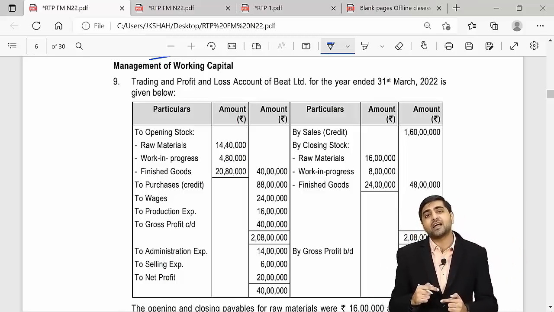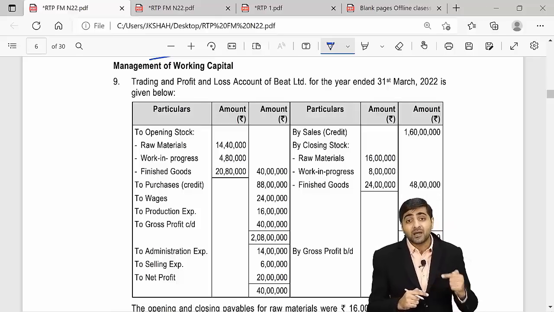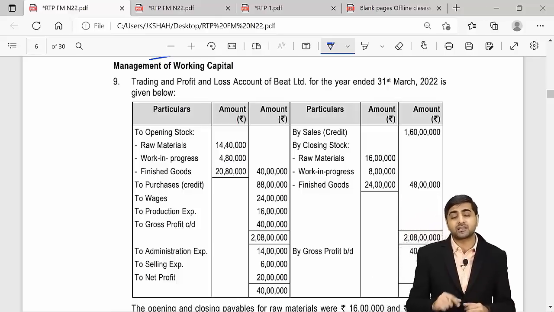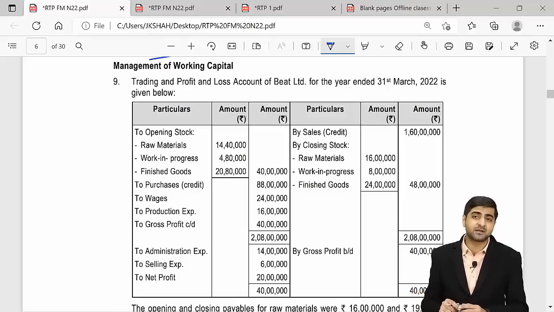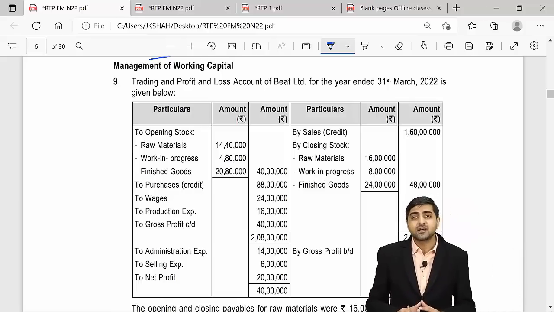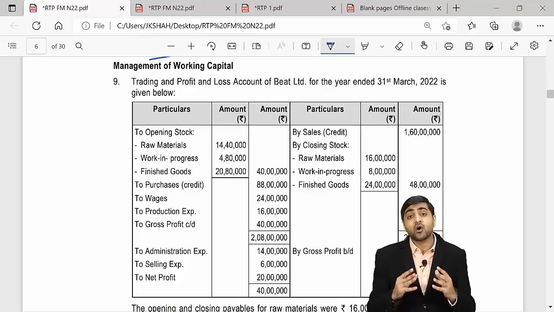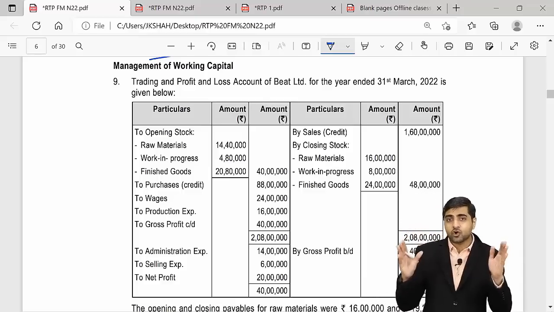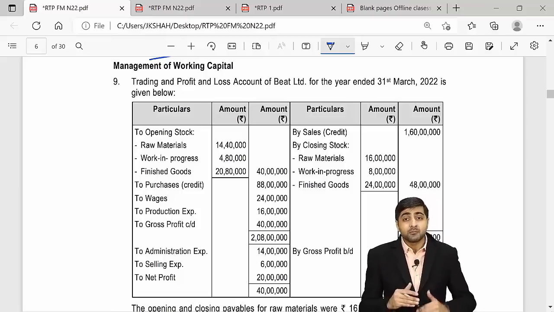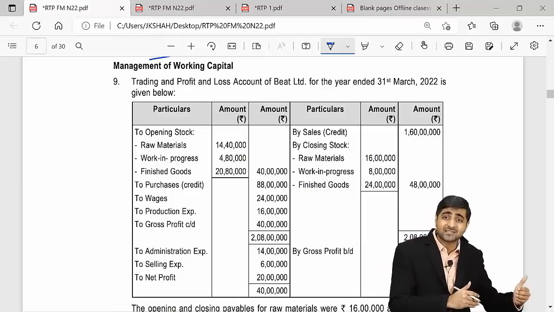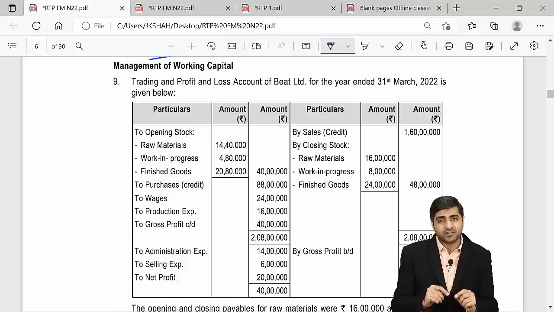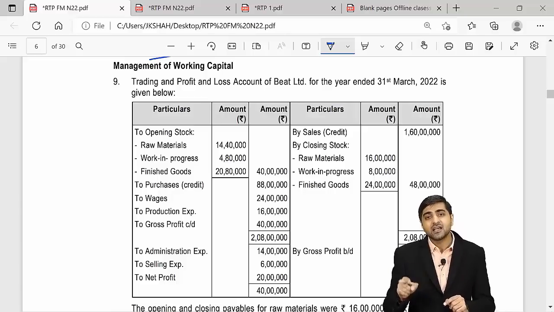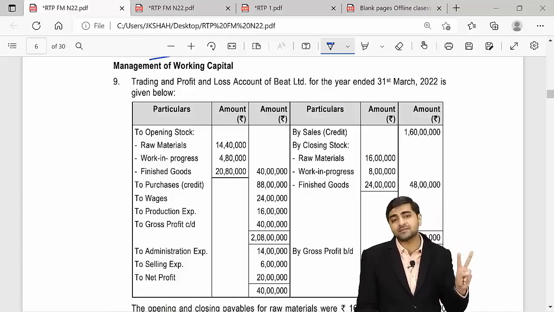So what does that mean? That whatever is your money which will be blocked in the working capital, that will be released after the period of 6 months. So in that case, how much money of working capital will be required? So basically my total annual cost is 12 lakh rupees, but my operating cycle duration is 6 months. So basically my money which is rotated in the business, that money will be rotated 2 times in a year.